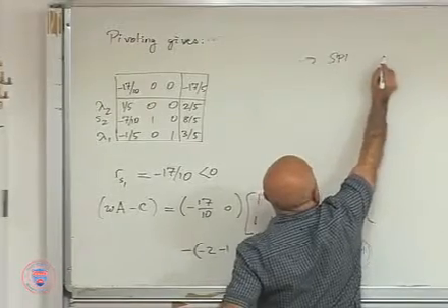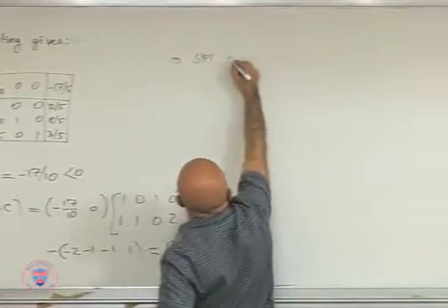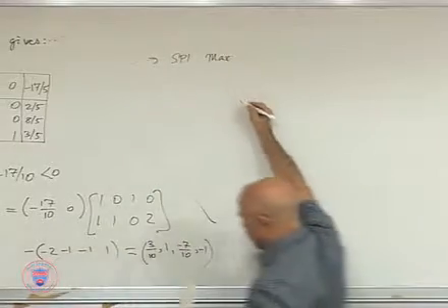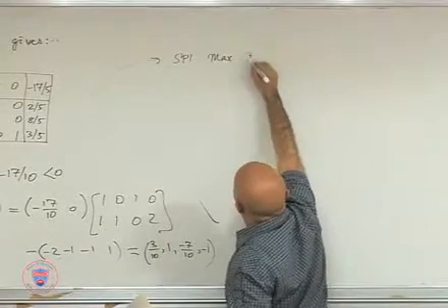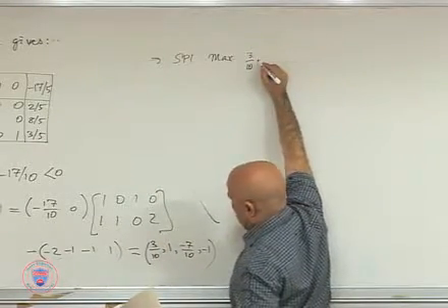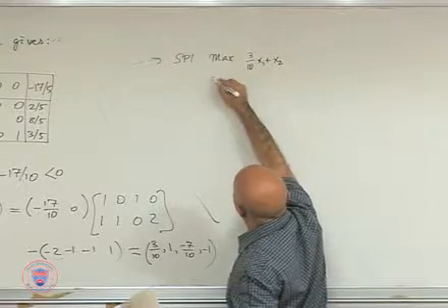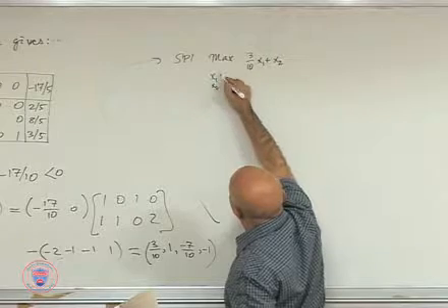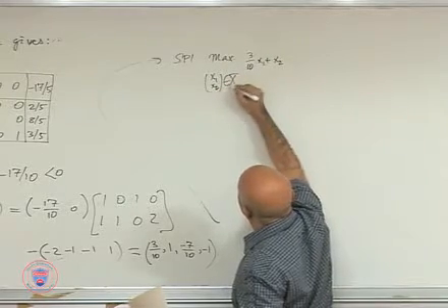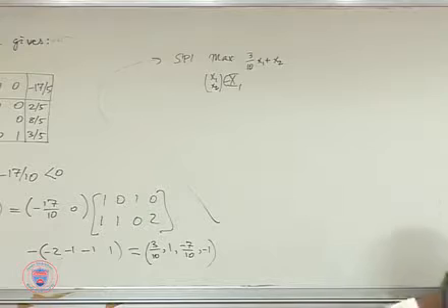Again, you decompose into subproblems 1 and 2, where the first one involves 3 over 10 x1 plus x2, where x1, x2 come from the first feasible set.